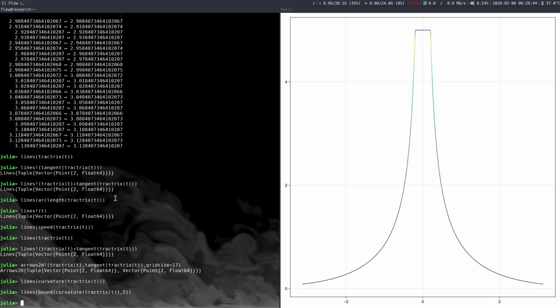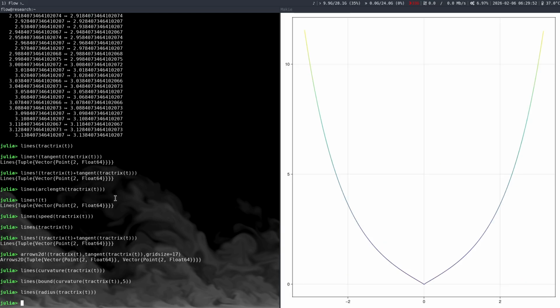And the alternative to this is to use the radius. The radius now is a finite value at 0 here. So this is an alternative way of taking a look at this.